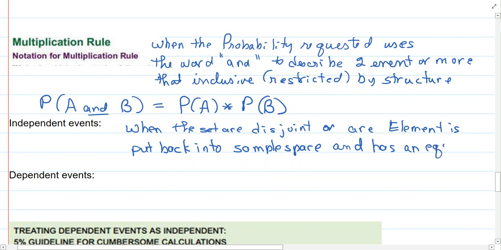And this affords us an equal chance of being selected again.